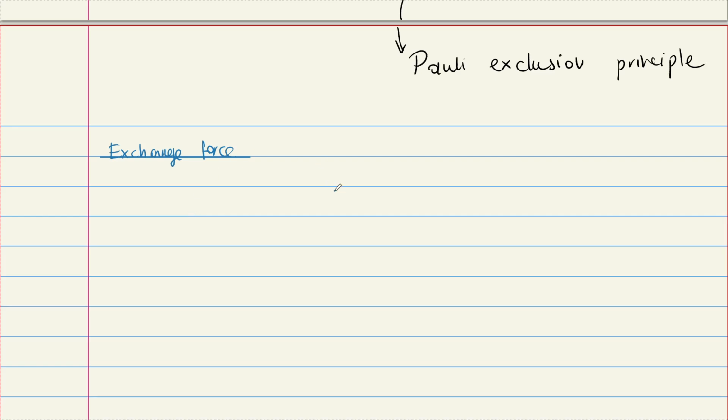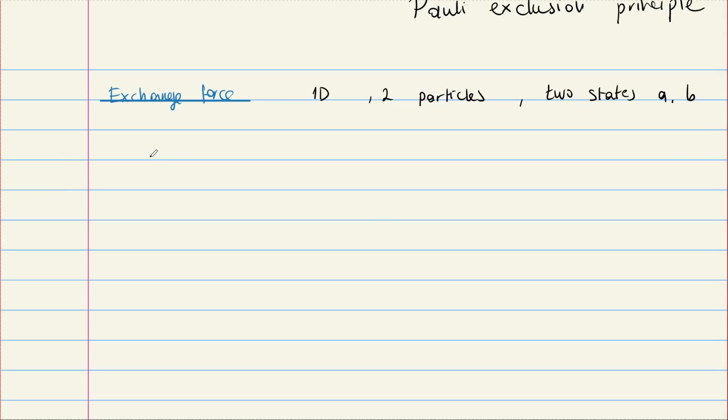To simplify the discussion and write less, let's consider 1D, two particles, and two states, A and B. I have three cases. One is distinguishable.